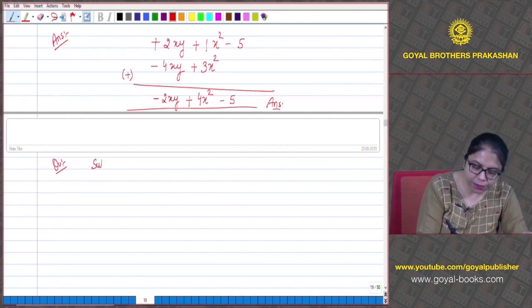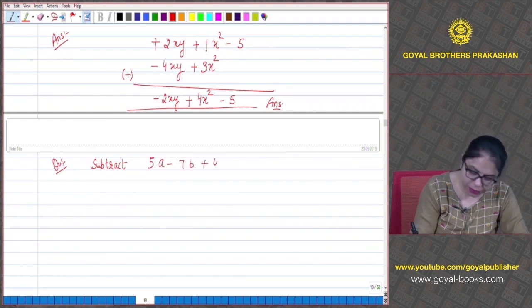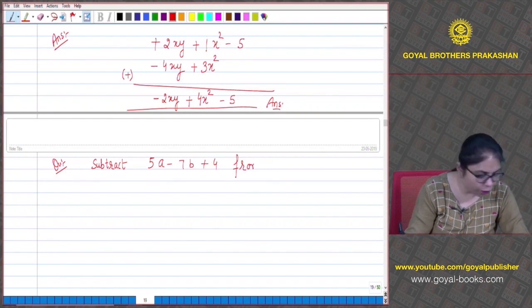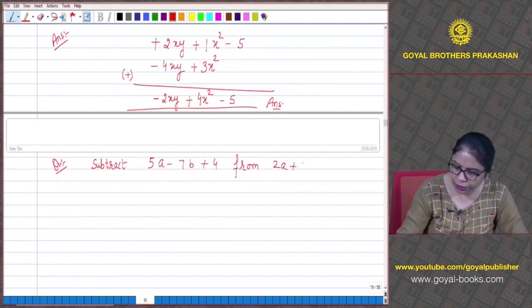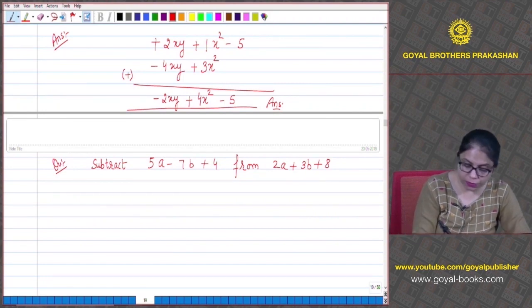Now let's discuss subtraction. Subtract 5a minus 7b plus 4 from 2a plus 3b plus 8. Okay. How will we subtract these two expressions?